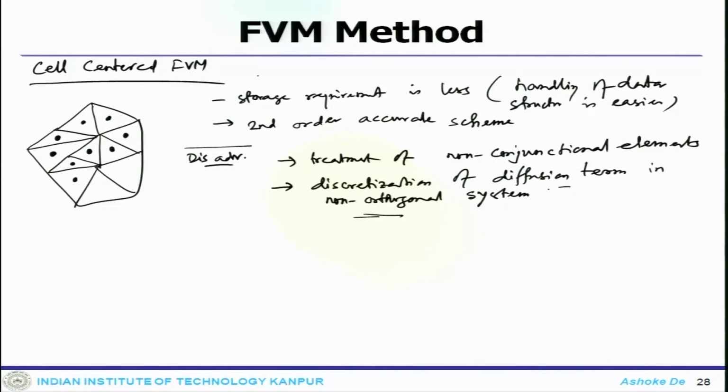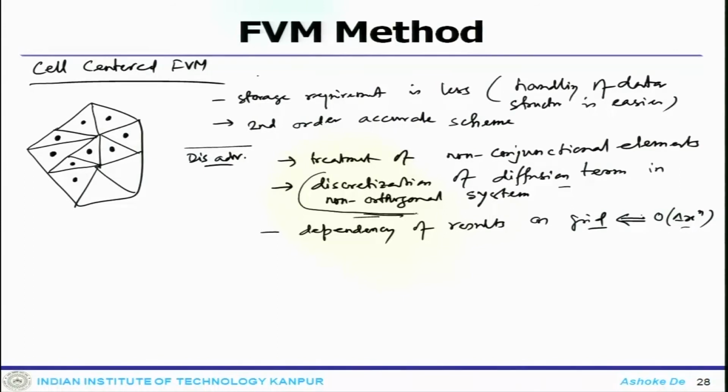Another thing is that obviously there is a dependency of results on grid. So, that means the order of accuracy is also dependent on the grid spacing. So, if you have finer grid resolution, then, but this particular issue of the non-orthogonality of the diffusion term could be the biggest bottleneck.